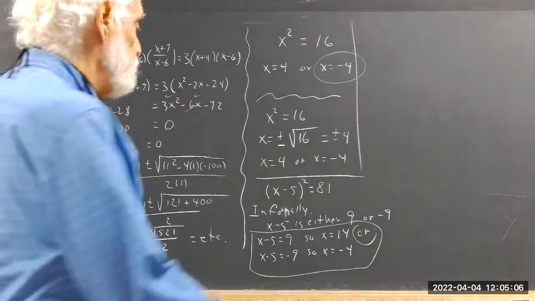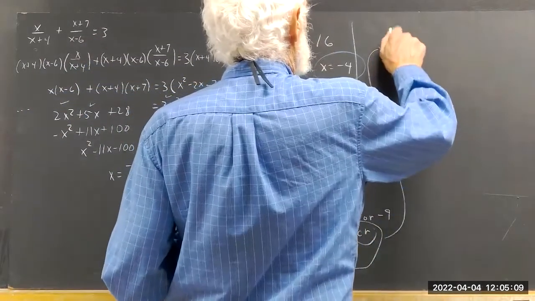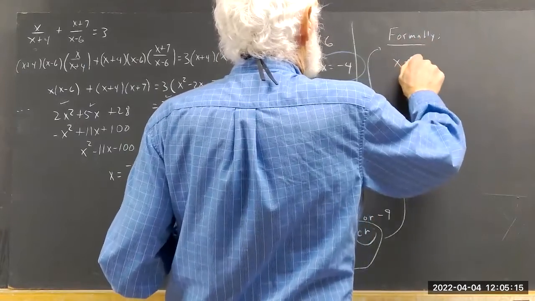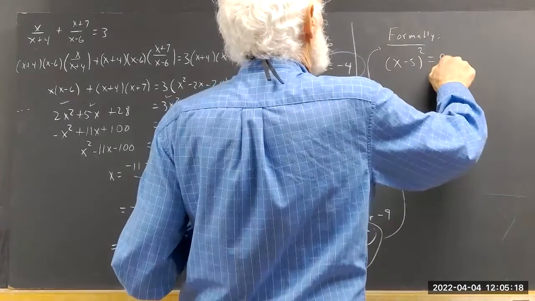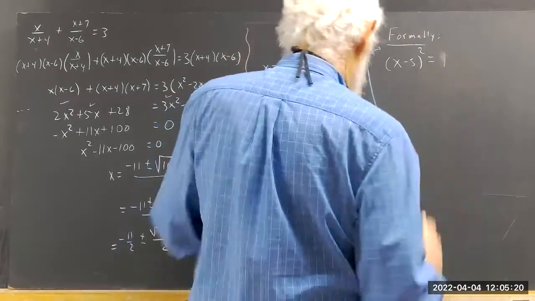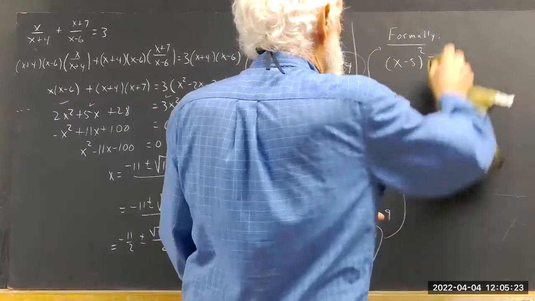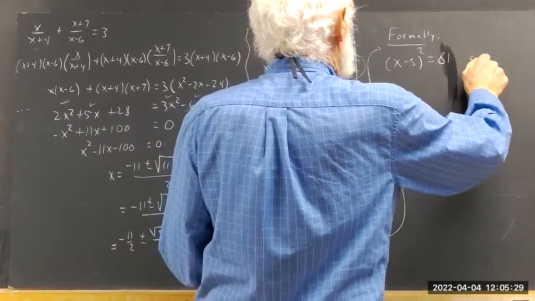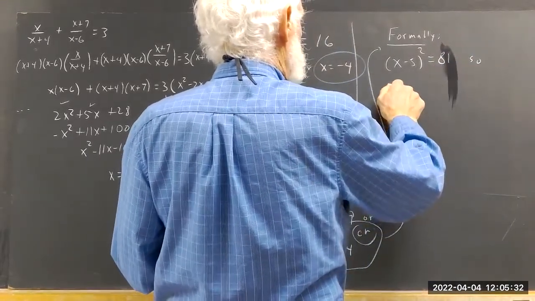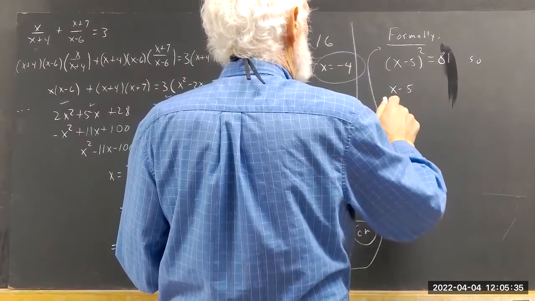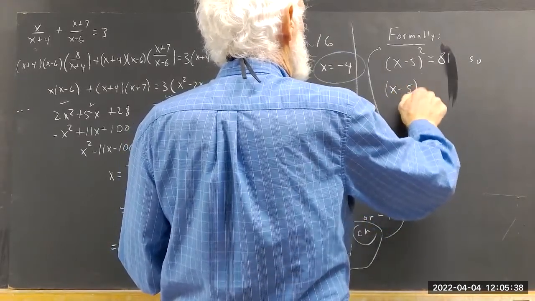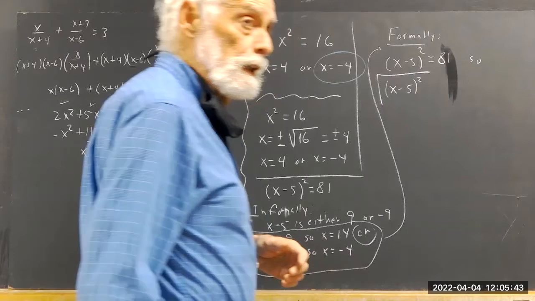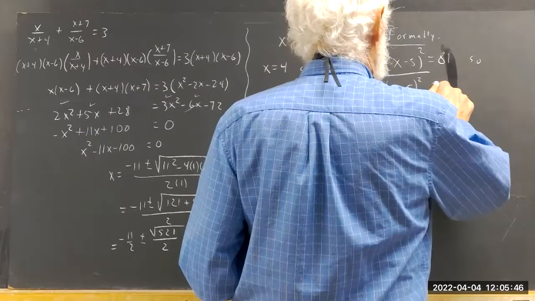Now, formally, you have x minus 5 squared equals 81. So a root of x minus 5 squared is plus or minus the square root of 81.